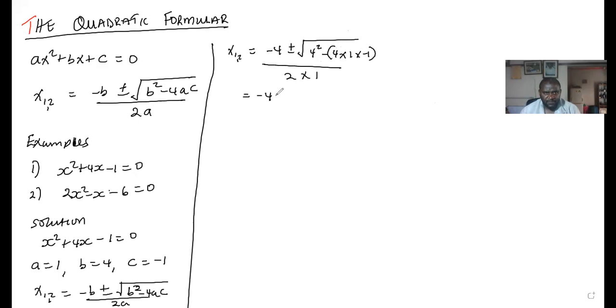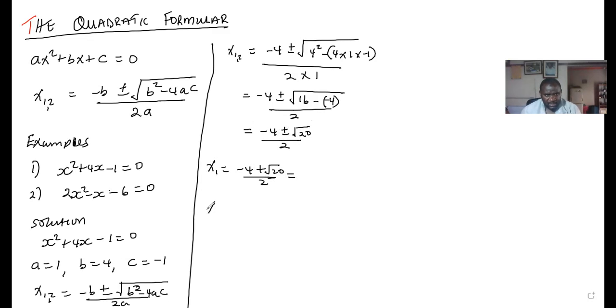You realize negative 4 plus or minus under the root of 16 minus 4 divided by 2. So that gives us negative 4 plus or minus root of 20, all over 2. So x1 can be addition, negative 4 plus root of 20 divided by 2. Then x2 can be negative 4 minus root of 20 divided by 2.